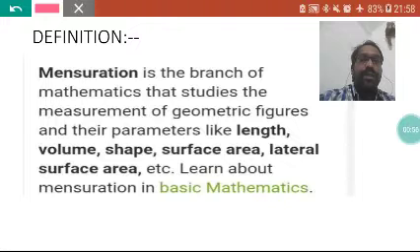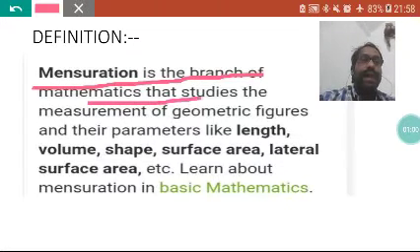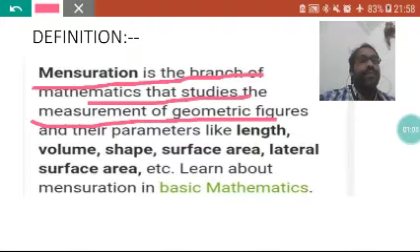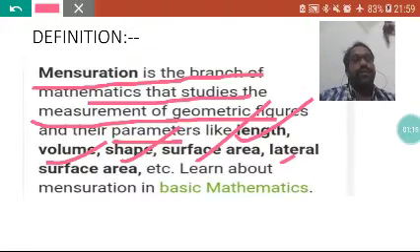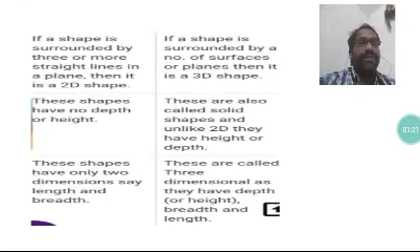Mensuration is the branch of mathematics that studies the measurement of geometric figures and their parameters, which will be length, volume, shape, surface area, lateral surface area. What are these things? We'll try to understand from this slide. 2D shapes and 3D shapes, that is the most important. What is the difference between 2D shapes and 3D shapes?